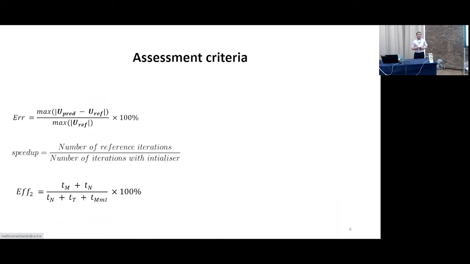One is error, which is the prediction accuracy: the prediction is compared with the solution given by the OpenFOAM solver. Speed up is a measurement of how the ML initializer decreases the number of required iterations for the solution procedure.